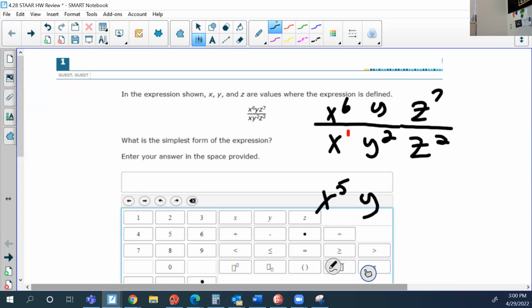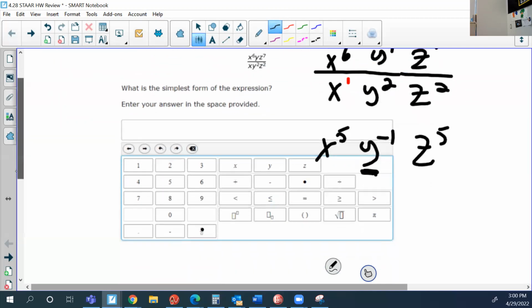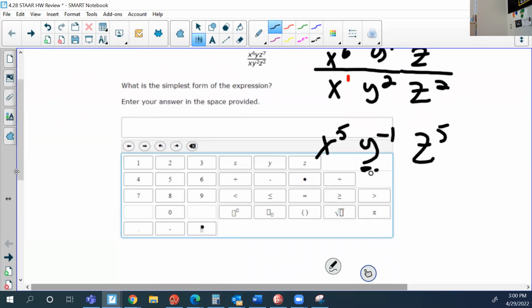For the y's, it's the 1 right here, so 1 minus 2, which is -1, and for the z, it's just 5. Now remember, we have to make our exponent positive. So that's a -1. So how do we make it positive? Well, we move it to the bottom, and so this becomes x to the 5th, z to the 5th over y to the 1. It becomes positive.